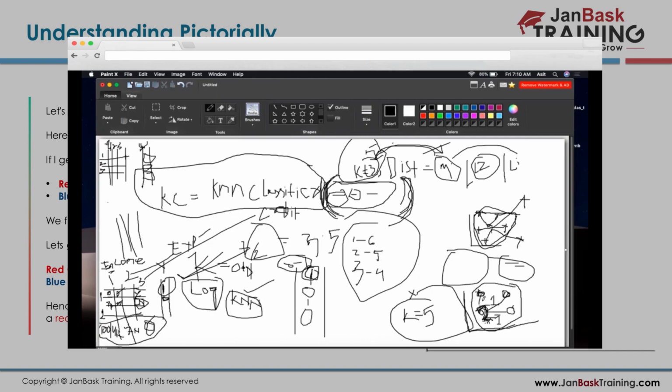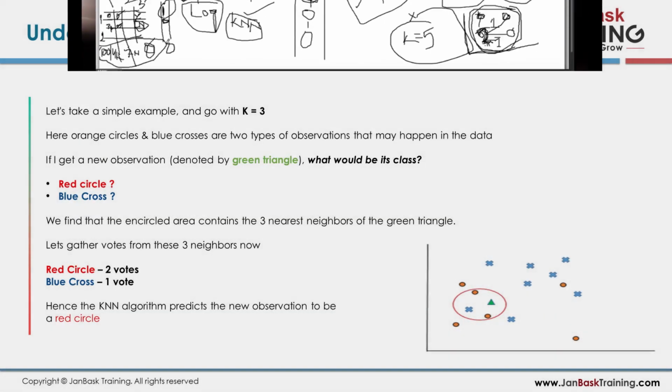It will check with the distances you have given, and identify the 5 data points. If you see here, what is the majority? 3 zeros and 2 ones, so the majority is 0. That means you are predicting this person will not repay.